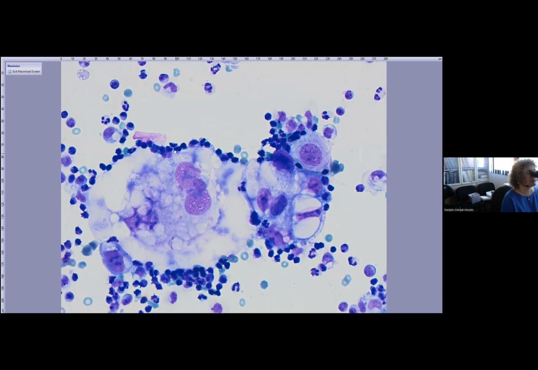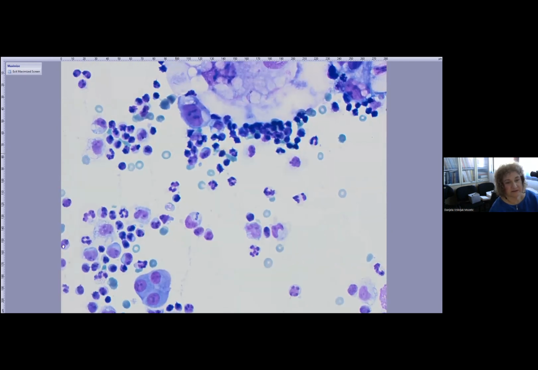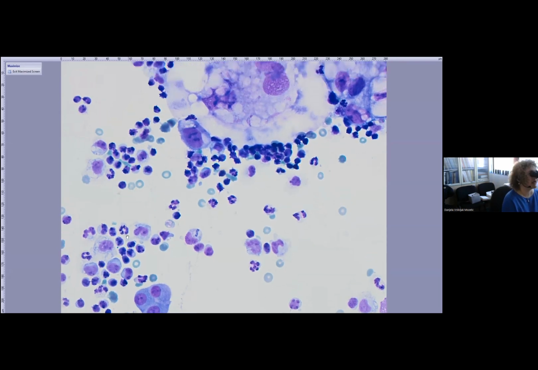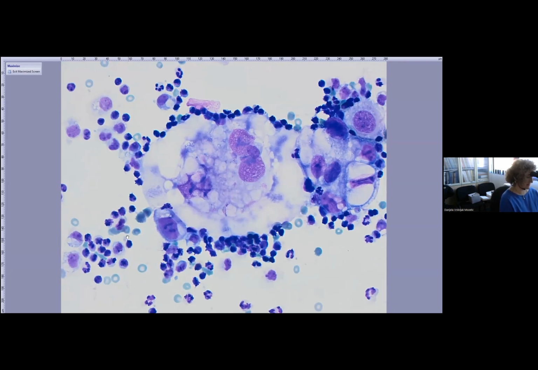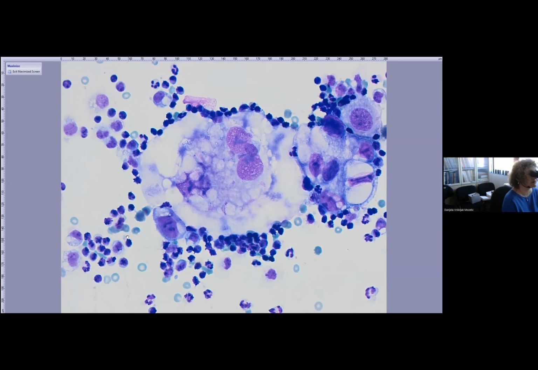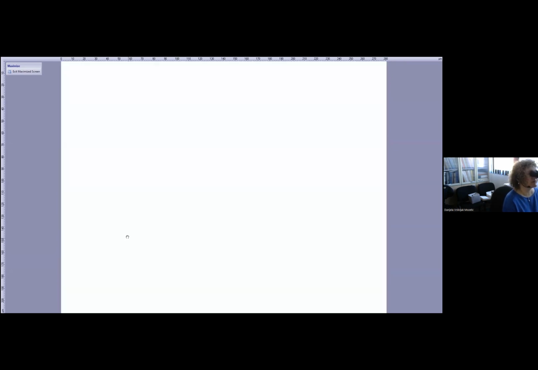Here you can see a few mesothelial cells, normal, benign, some neutrophils, histiocytes and macrophages and lymphocytes in the background, and a lot of malignant cells with large nucleoli and abundant cytoplasm with vacuolization.